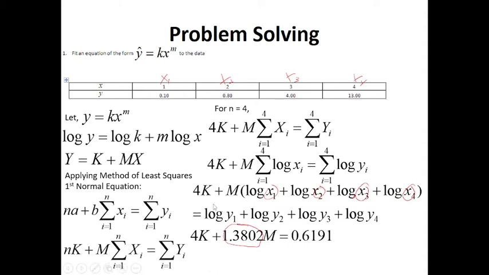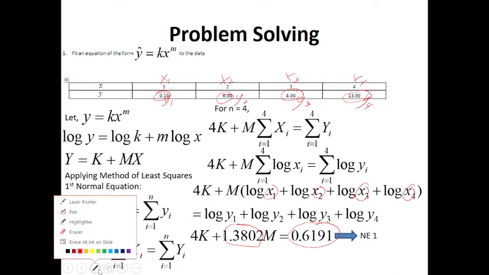On the other hand, this is y sub 1, y sub 2, y sub 3, y sub 4. So if we take log 0.10 plus log 0.80 plus log 4 plus log 13, we'll get 0.6191. And that gives us our first normal equation.